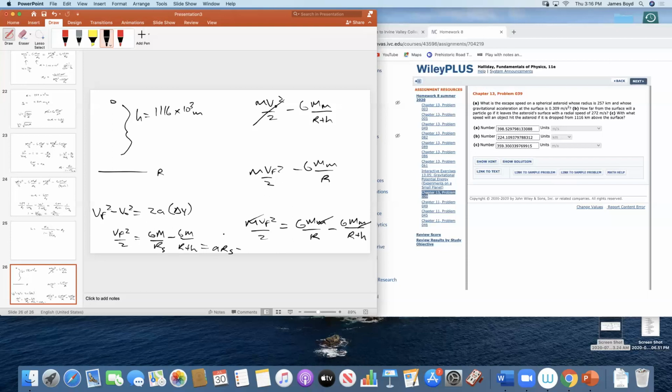We're just dividing by gm over r. So r squared over r plus h, or rs plus h.